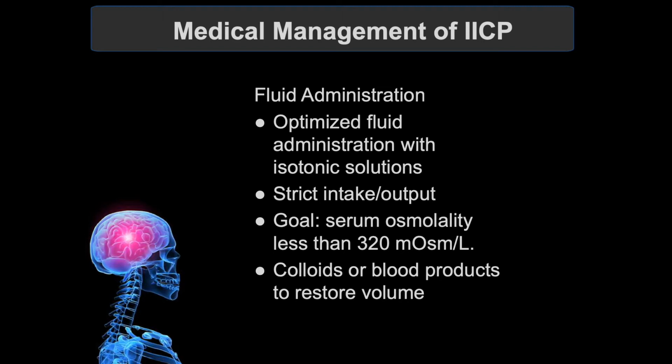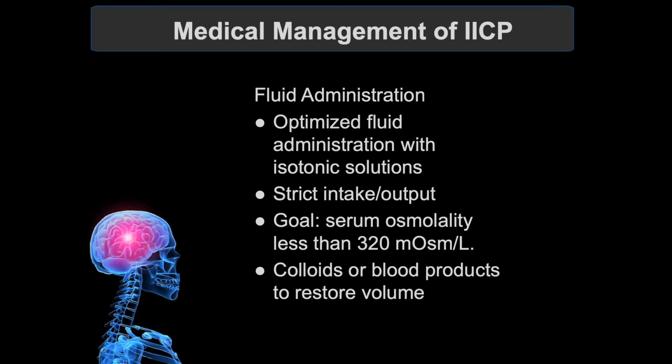Management of vasospasms associated with subarachnoid hemorrhage: those patients often need higher fluid rates to prevent vasospasms. So as far as fluid administration goes, you should have optimized fluid administration with isotonic solutions, strict intake and output, with a goal of maintaining serum osmolarity of less than 320.